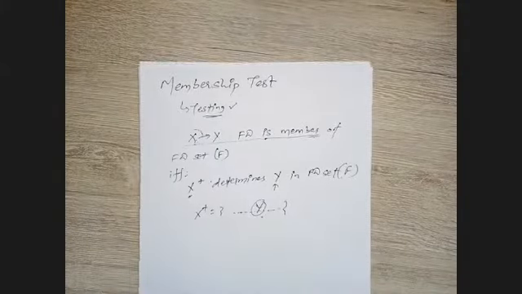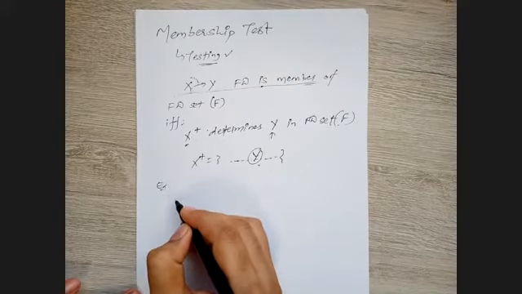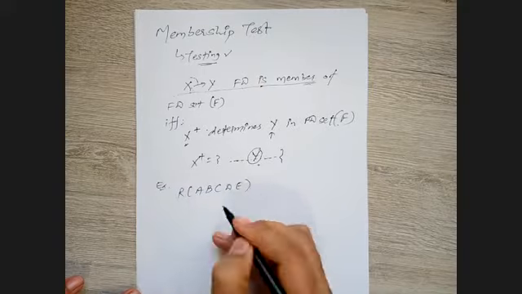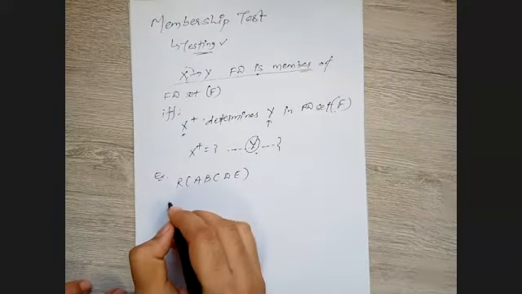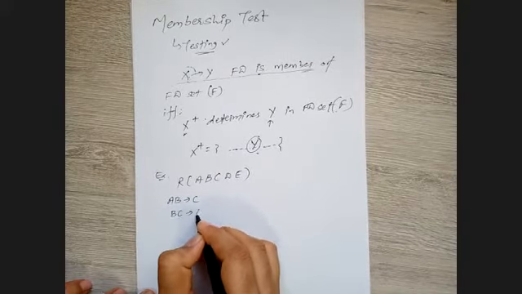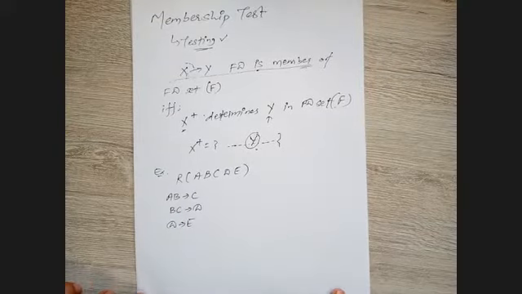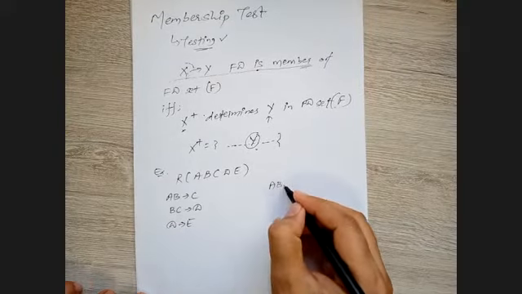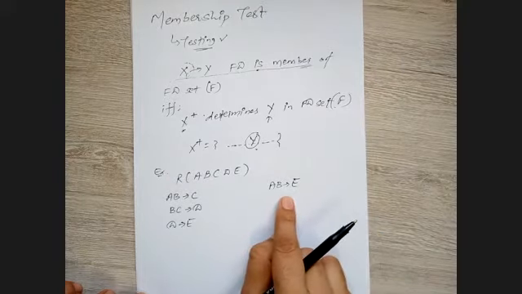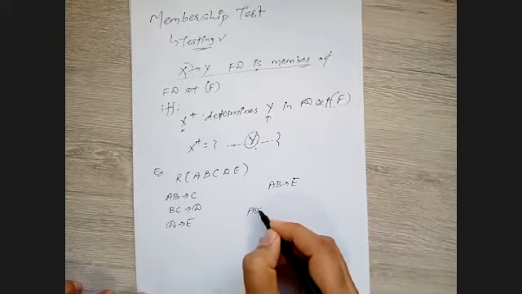So for example, we have a relation A, B, C, D, E. The functional dependencies are such that AB determines C, BC determines D, and D determines E. Let's check whether AB determines E is a member or not. What we'll do is find the AB closure.